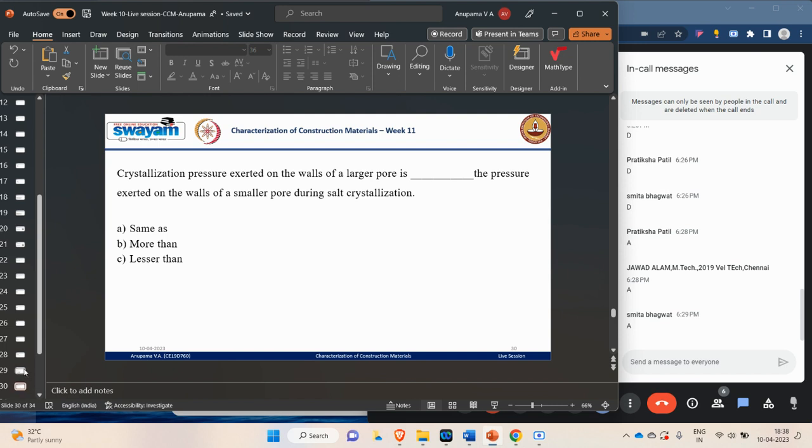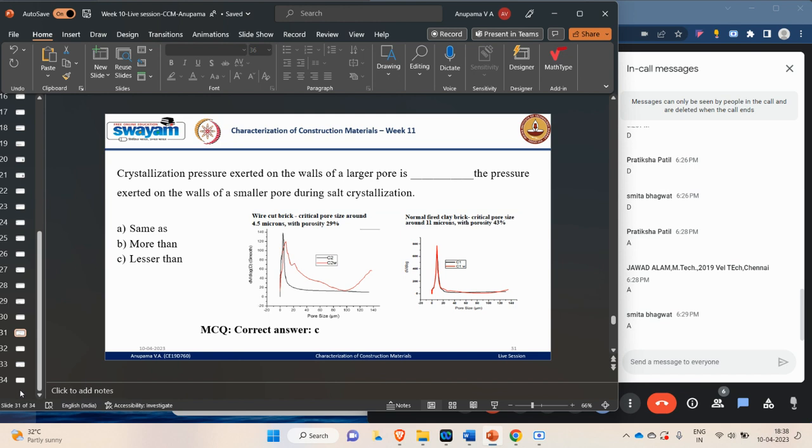Okay, let's move to the correct answer. The correct answer is option C, that is lesser. Suppose we have pore A and pore B. Pore A is a small pore, pore B is a very large pore. If a salt crystallizes in the large pore, pore B, it has all the space around it to crystallize.